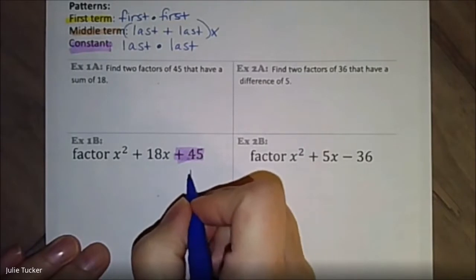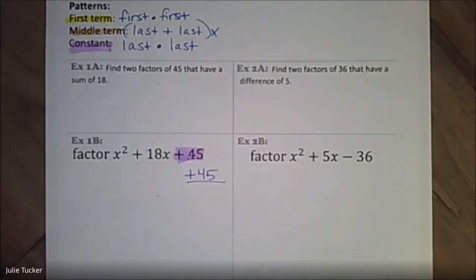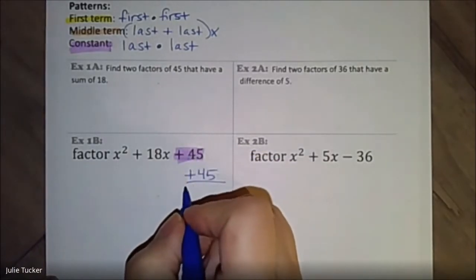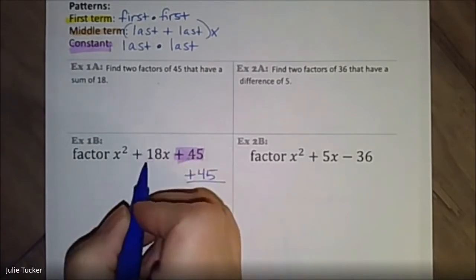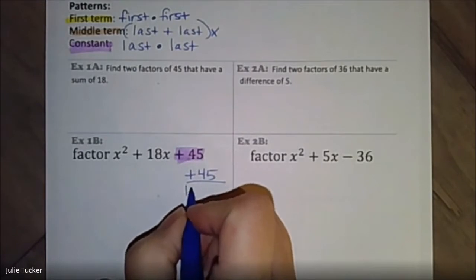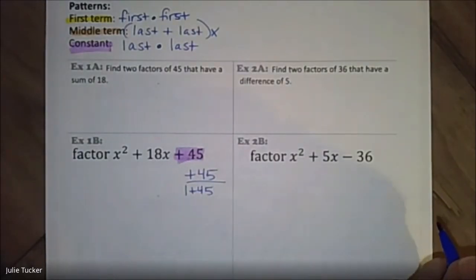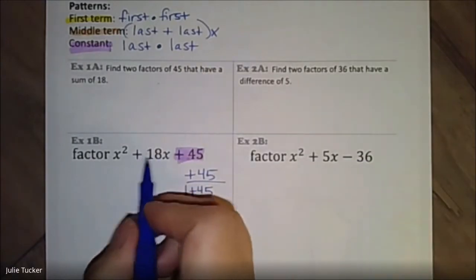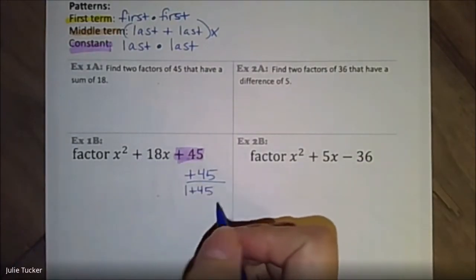So over to the side, I write a plus sign 45, and I just start listing factors of 45. But I'm going to look at what their sum is, because the sum of the factors gives you that number. So I'm going to go 1 plus 45. That's 46. That's not 18. I'm looking for 18. The whole time I do this, I need to look for 18.